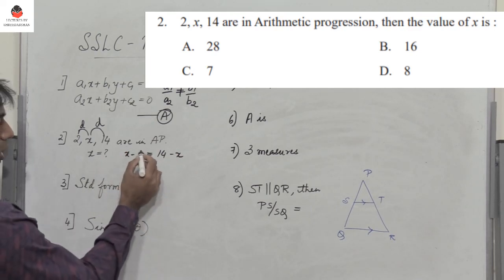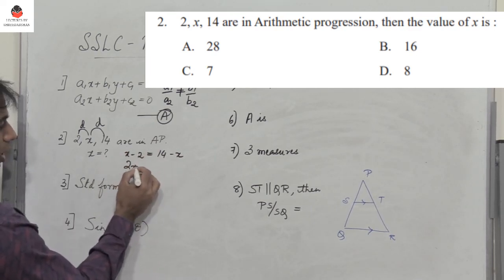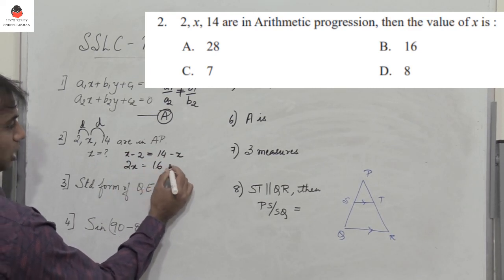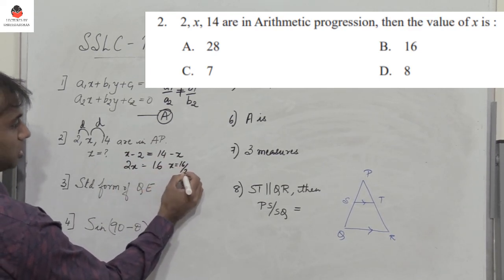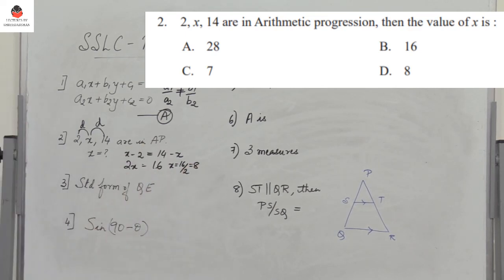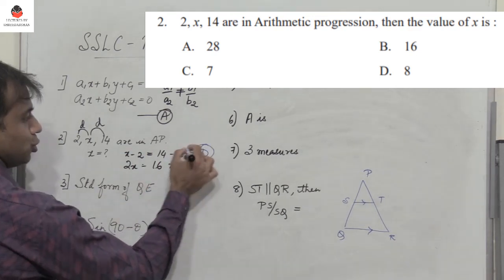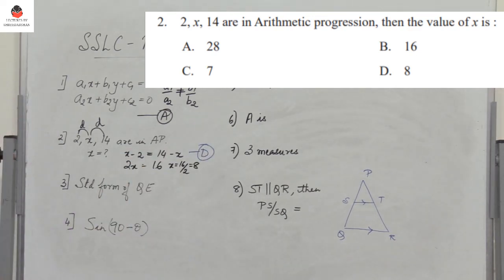Let me take x to this side, so I get 2x, and 2 to the other side, it becomes 16. Therefore x is equal to 16 by 2 equals 8. 8 is the right option, so you have to choose D.